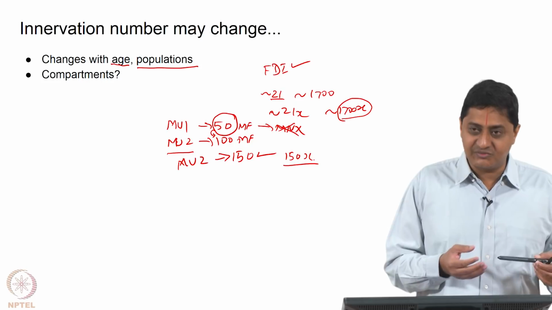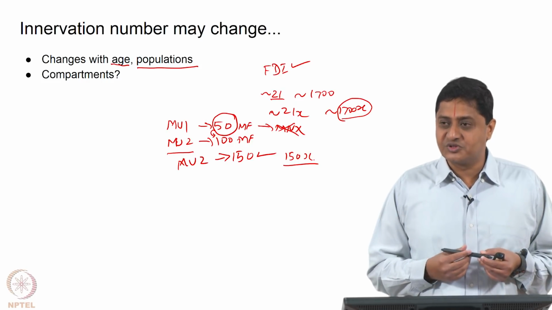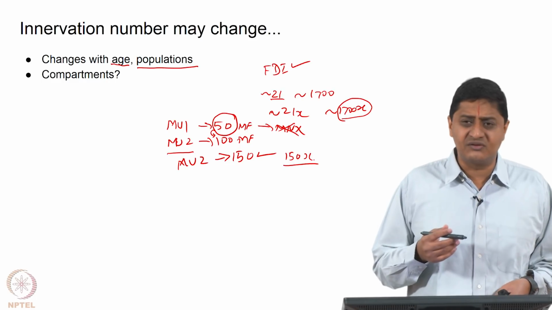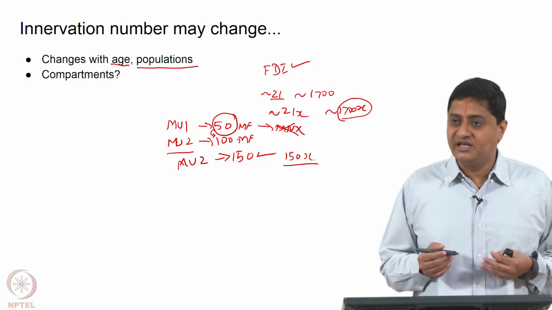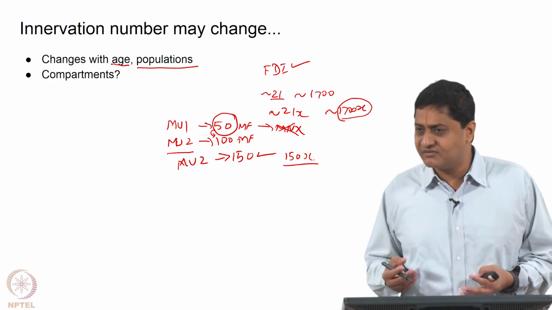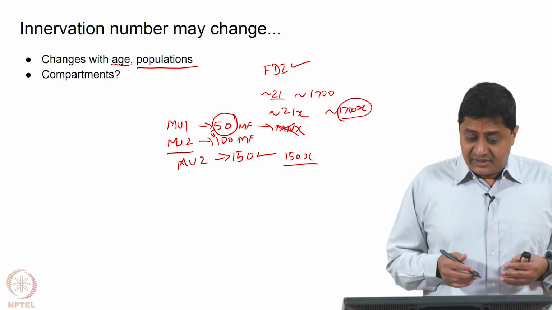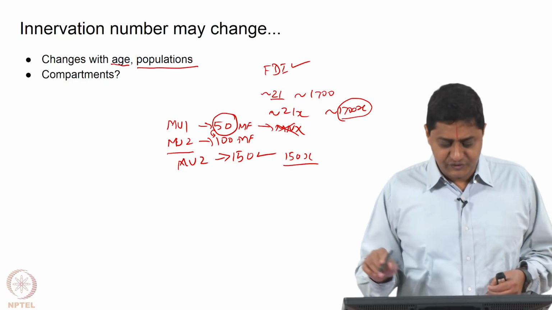As you get older, the amount of force produced is much greater than what the physics demands. That means that it is energetically inefficient. I am producing more force than needed, my body is stiffer than needed. And it also changes across populations. We will discuss this in future slides or in future classes.